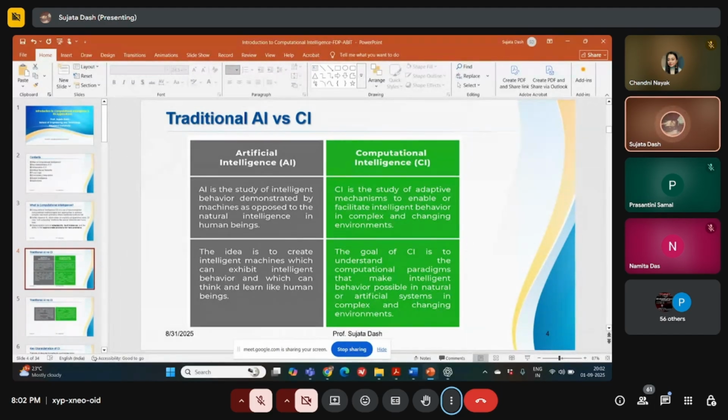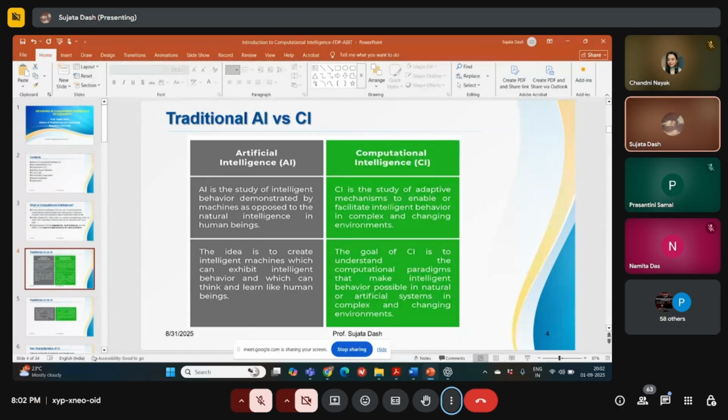So the key difference between these two is, first, AI tries to create machines that can mimic human intelligence. Also, it works well in structured situations where the rules are clear. For example, an AI chess program follows logical steps to win the game. Computational intelligence focuses on adaptive methods inspired by nature, and it excels in unstructured, uncertain, or constantly changing environments.